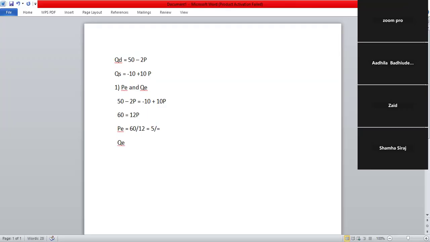Equilibrium quantity: 50 minus 2 into 5. So 50 minus 10 is equal to 40 units. Okay. Price is 5, quantity is 40. Price is 5, quantity is 40.